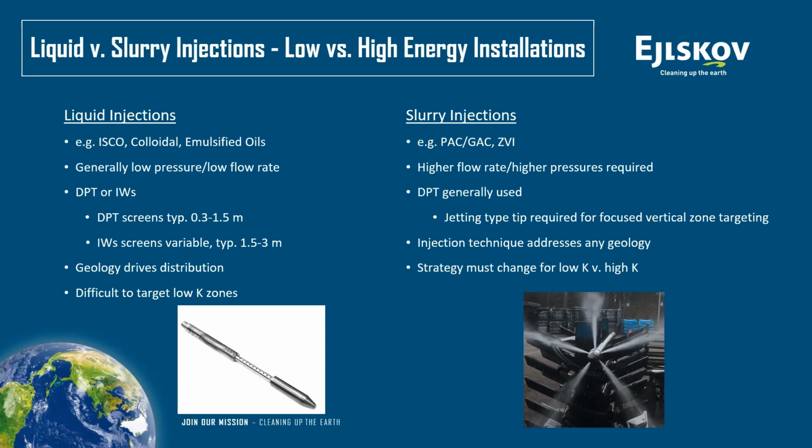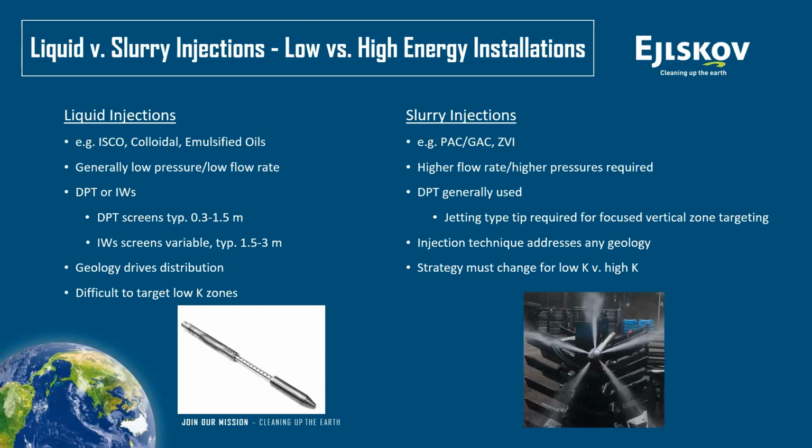Excuse me. So reagents are going to fall generally into two categories: liquids and slurries. We'll go through the differences between the two. Liquids include your chemical oxidants, your colloidal size technologies, and emulsified vegetable oils. On the slurry side, your larger grain size activated carbon that is not colloidal, so things like powdered carbon, granular size carbon, and zero valent iron.